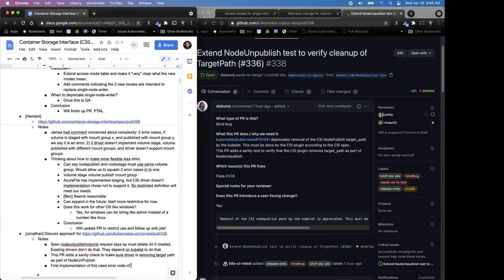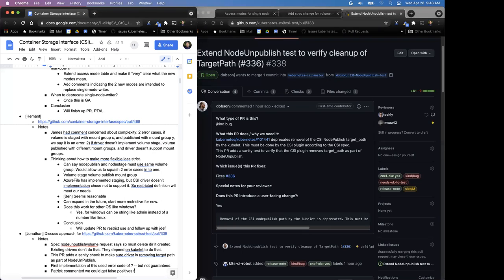The assumption being that if the volume has been unpublished and the path was removed, we would get not found back. That's true, at least in the drivers that I looked at, but I think that's not guaranteed by the spec. And so my concern was exactly what Patrick commented on the PR a few minutes ago, which is that we could get some false positives with the way this is written today.